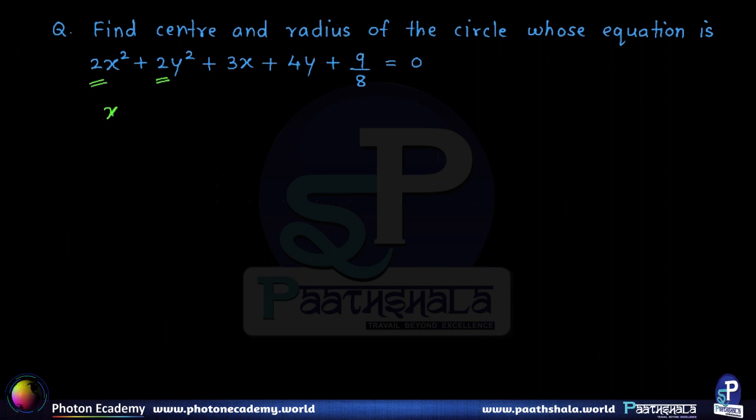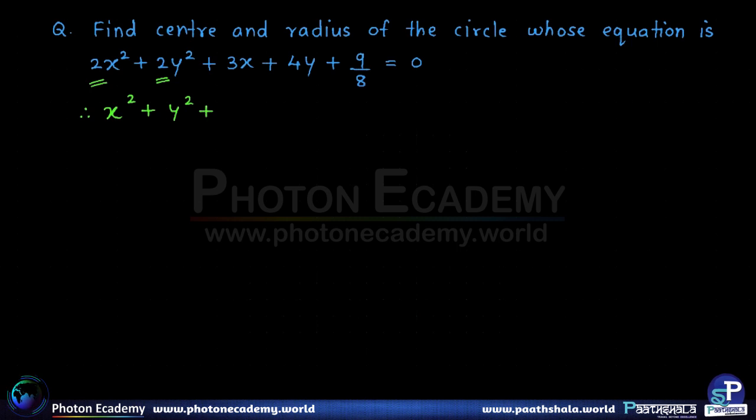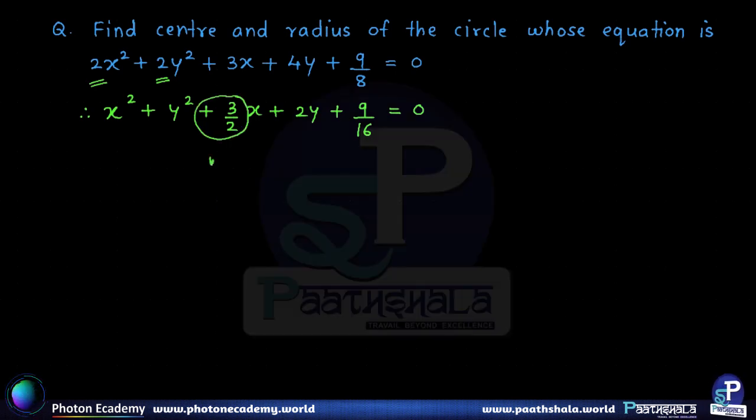So on dividing we get x square plus y square plus 3 by 2 x plus 2y plus 9 by 16 is equal to 0. Right? So if you compare now, this coefficient of x in the original is 2g, correct?